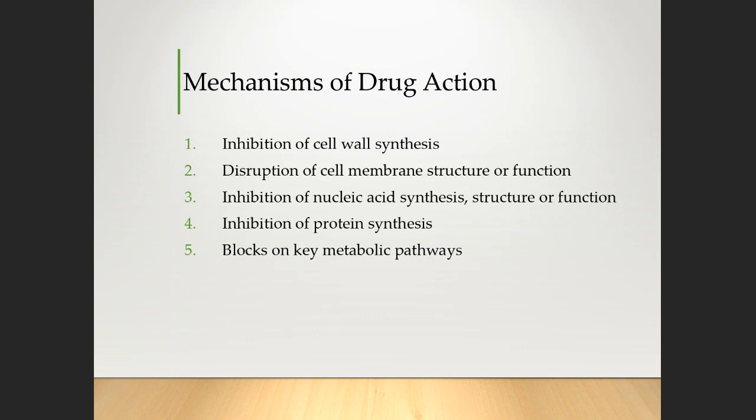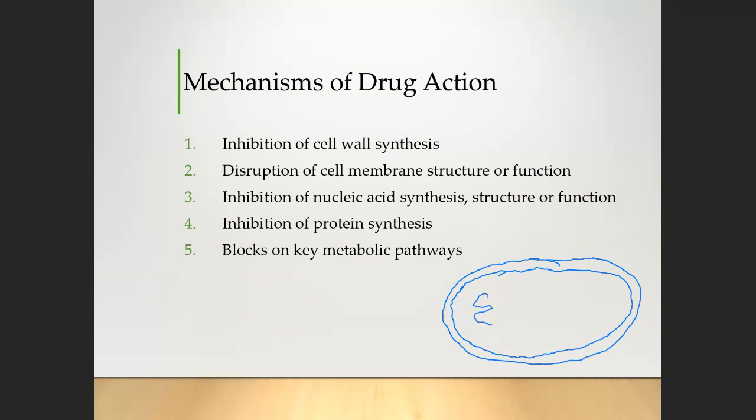Again, when we talk about bacteria, bacteria have a cell wall made of peptidoglycan, and a cell membrane made of phospholipid bilayers, and bacteria have DNA or chromosome, and bacteria also have ribosomes.